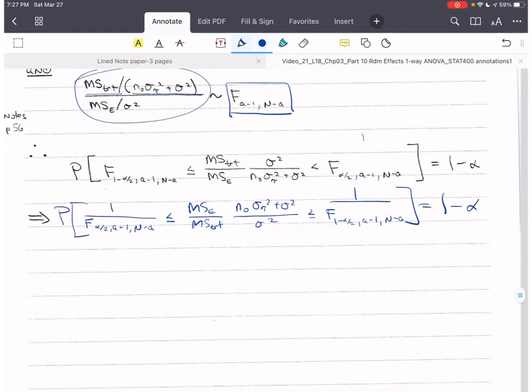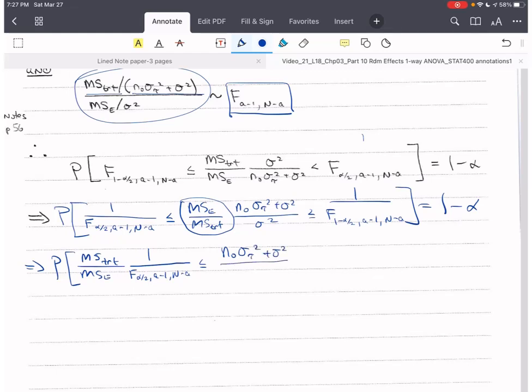And now I'm going to multiply or divide by this expression. Okay? So when I divide by this, I'm going to get the probability that I'm going to have MSTRT over MSE times 1 over f of alpha over 2, a minus 1, n minus a. And then I'm going to have (n naught sigma tau squared plus sigma squared) over sigma squared.